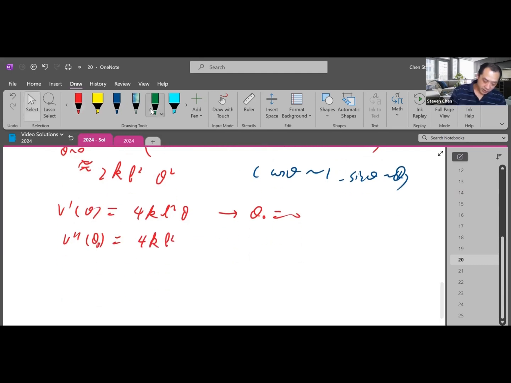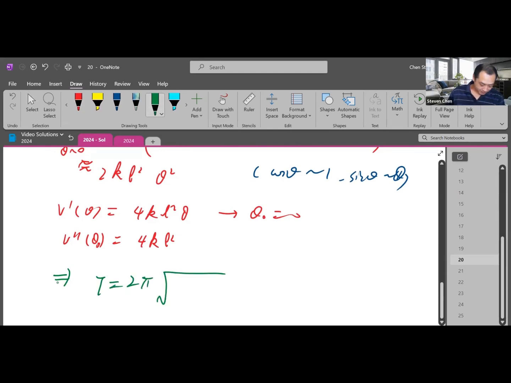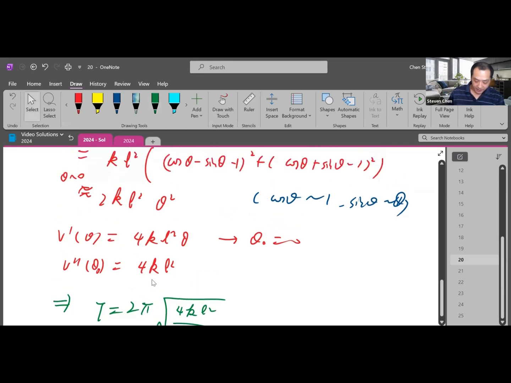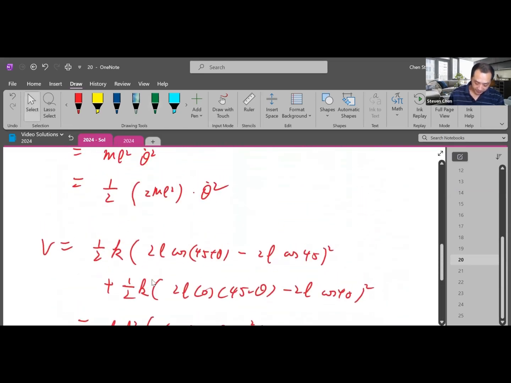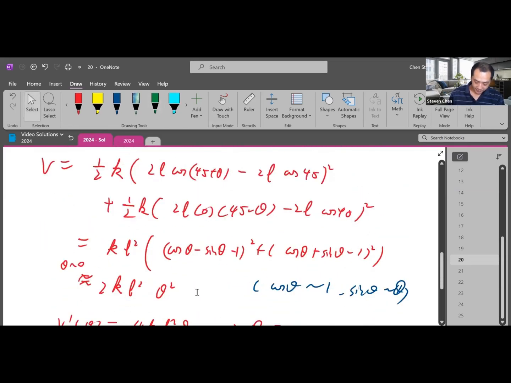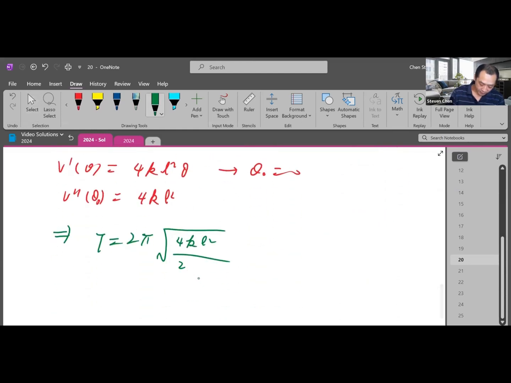Now we are ready to compute the period, which is equal to 2 pi times the square root of a ratio. The numerator should be the second order derivative of the potential energy, and the denominator should be this guy.